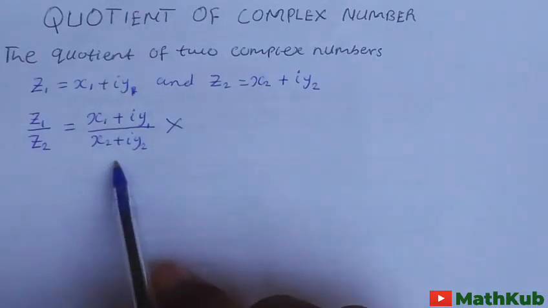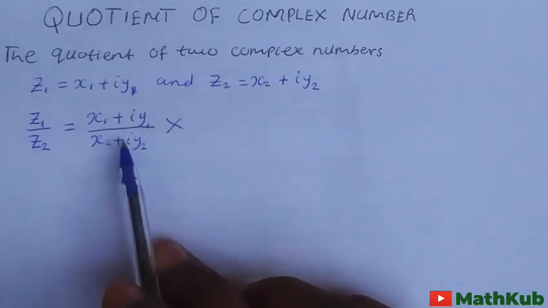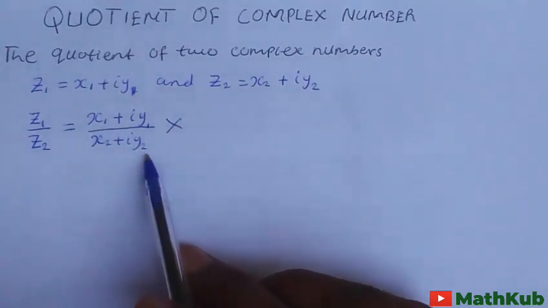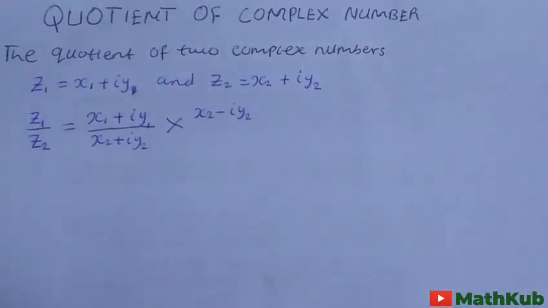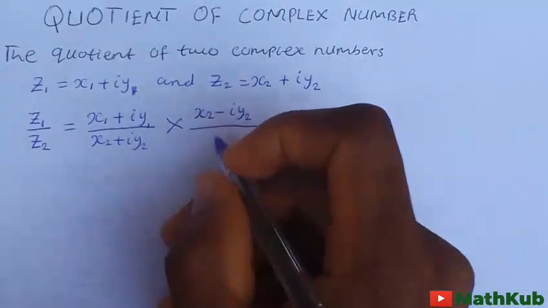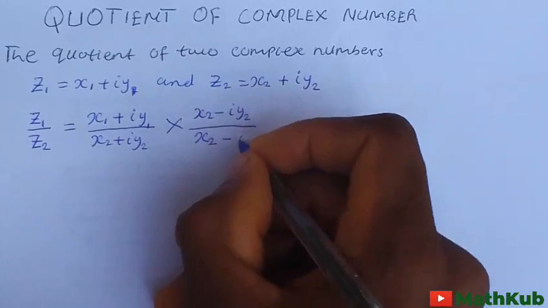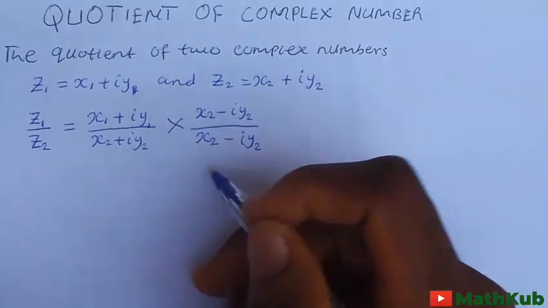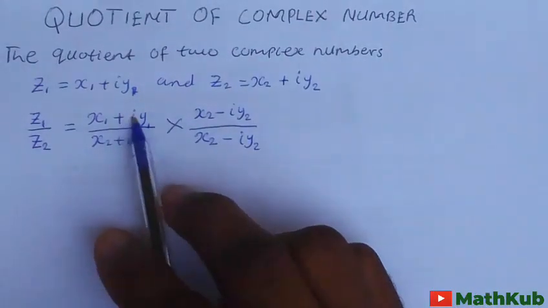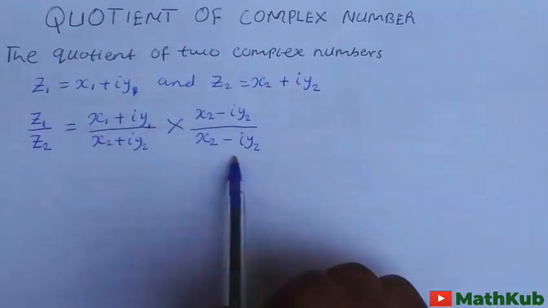The conjugate of the denominator will be x2 minus iy2. We now divide it by the conjugate of the denominator, which is x2 minus iy2. The numerator could cancel the denominator, but we are going to multiply the numerator by the numerator and the denominator by the denominator.